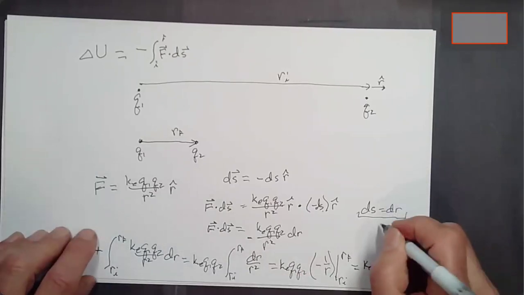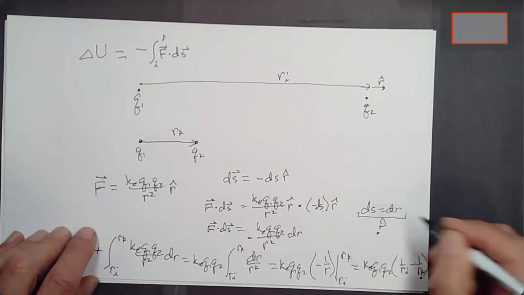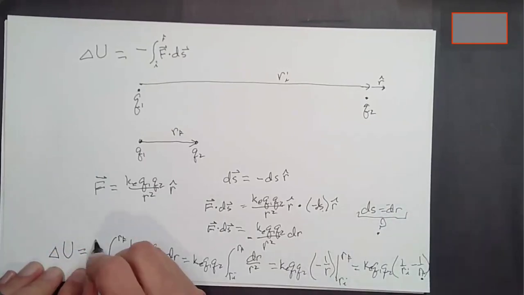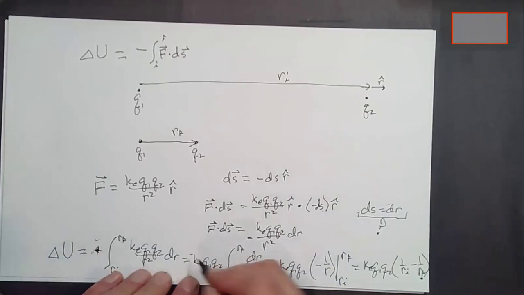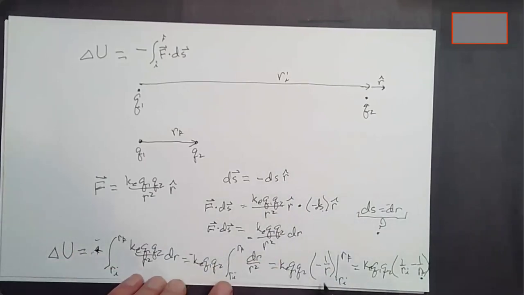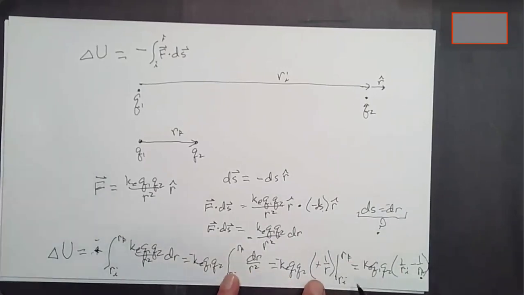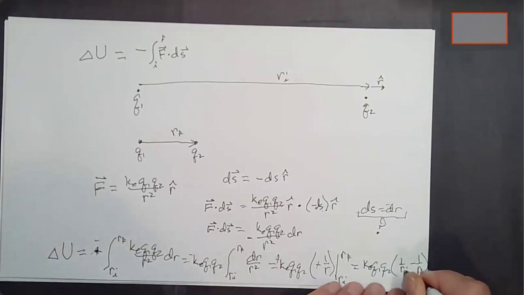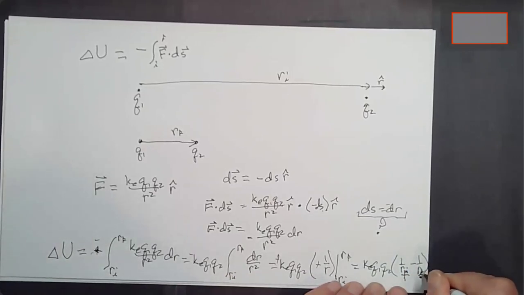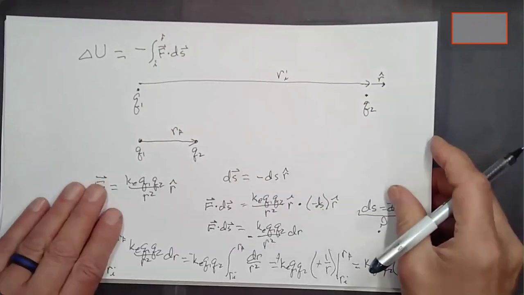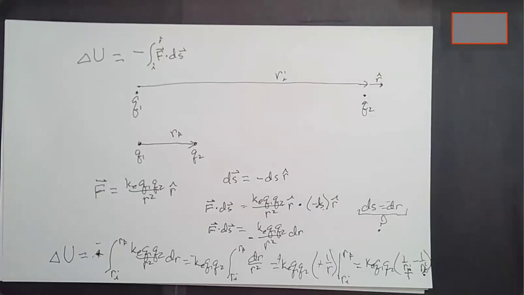So let's put a question mark by that, because I think I should have had a minus sign, in which case this would be a minus sign, this would be a minus sign, this would be a minus sign, and I'd actually have plus 1 over R when I consider two minus signs, and it should have been 1 over R final minus 1 over R initial. And let's see how that looks if I fix it that way.